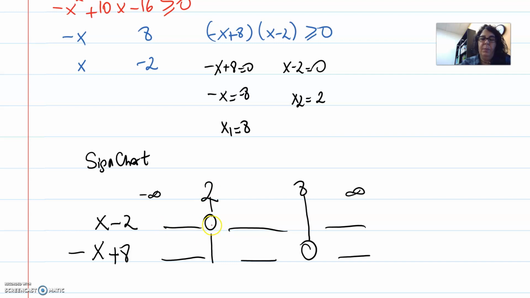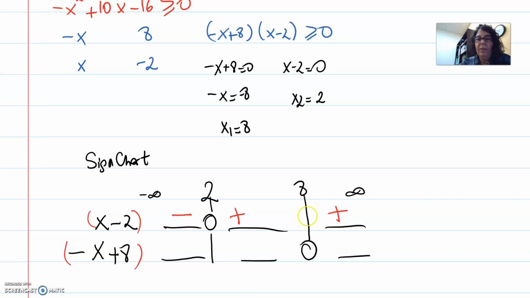That's why I placed a placeholder here, that hole, if you will. I'm looking at the leading coefficient of that term. That's positive, it's 1. So this will be positive. Before, I don't have any roots there, so it will continue as positive. And the other side of the root will be negative.